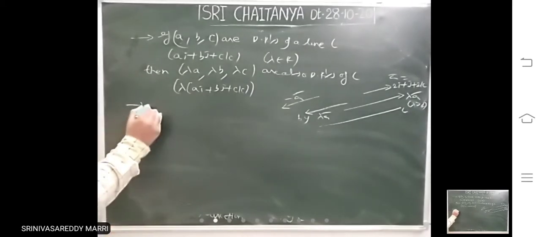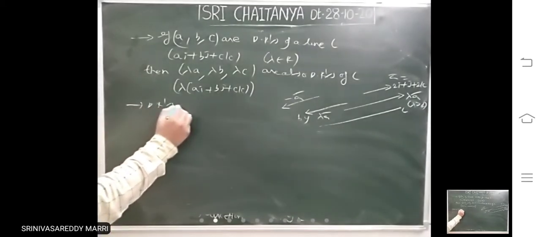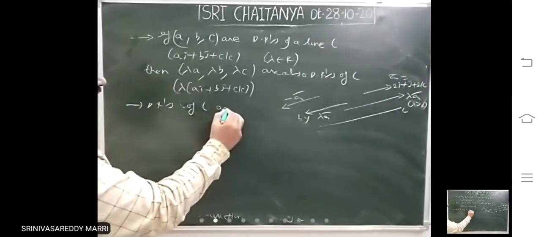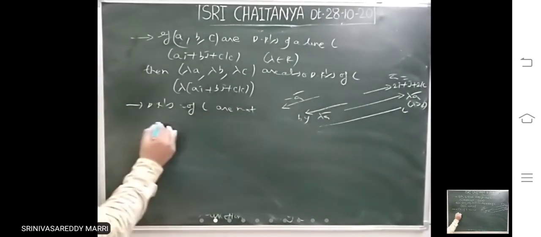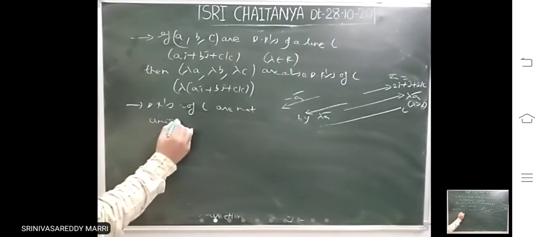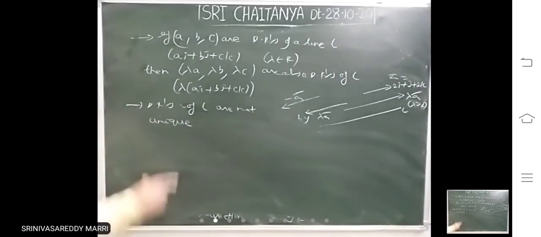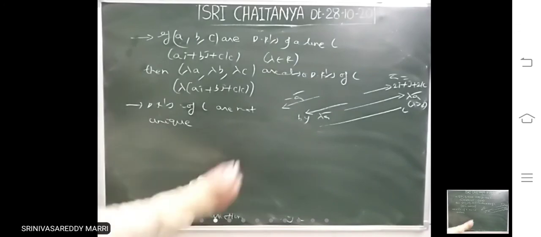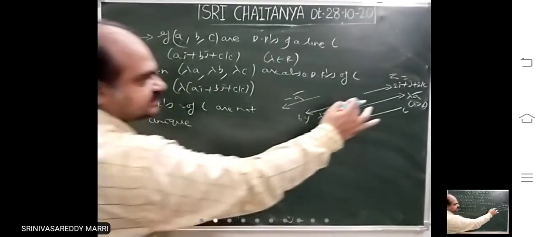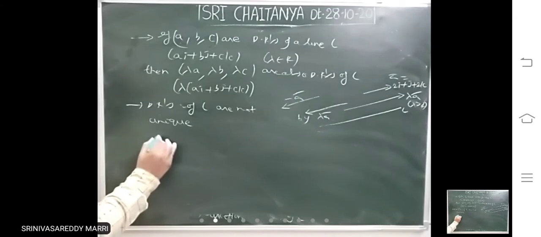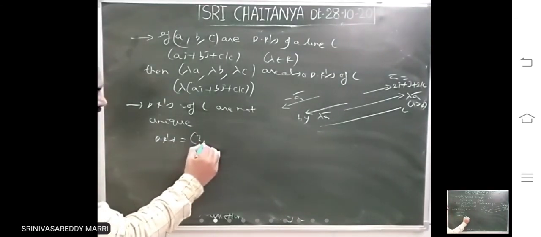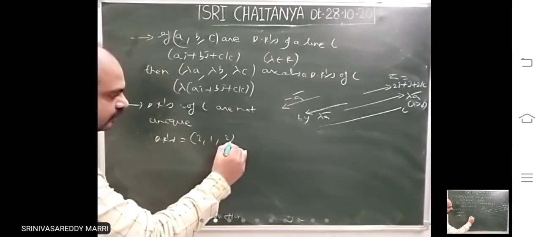So therefore, you can say that DRs of line L are not unique. This is A, B, C. This is lambda A, lambda B, lambda C. Suppose take here, this is 2i plus j plus 2k. DRs are nothing but 2, 1, 2.